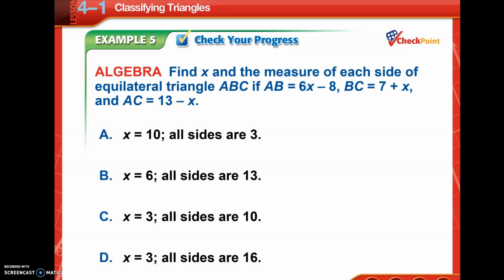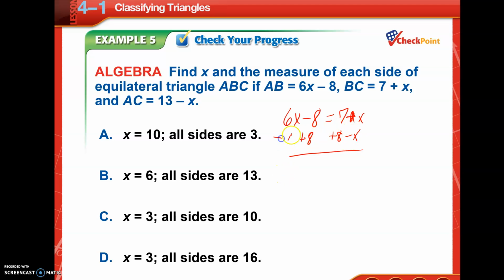Right? ABC is an equilateral triangle. We don't really have to see the triangle because we know equilateral means all the sides are equal. So I can put any 2 of these sides equal to each other and solve for x. I did 6x minus 8 equals 7 plus x.